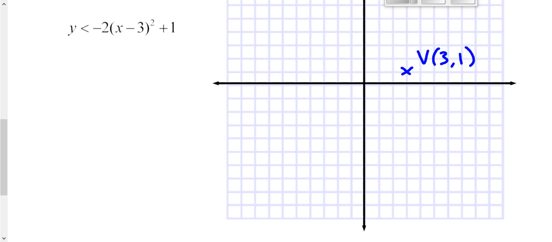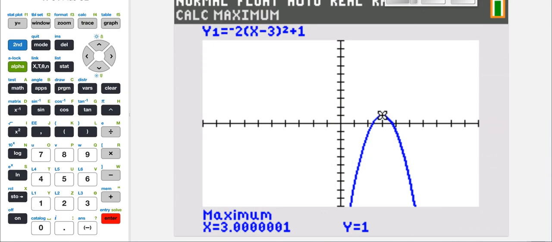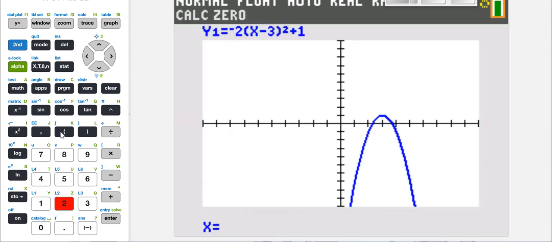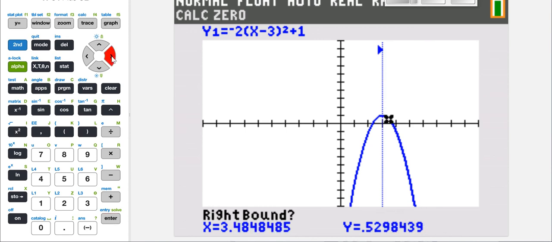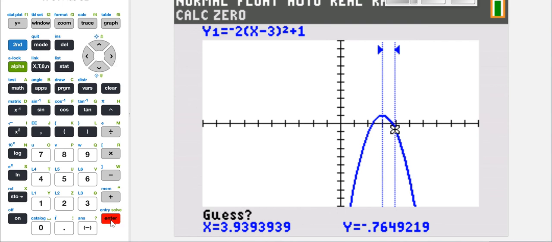Alright? And let's find the x-intercept. Second trace, number 2. Left bound, right bound, enter.